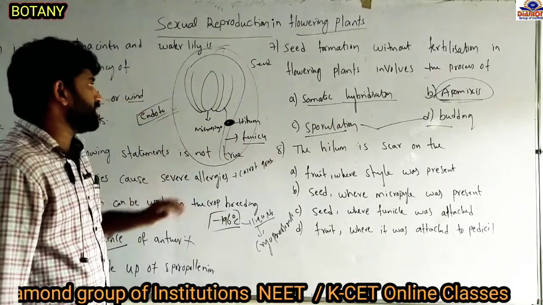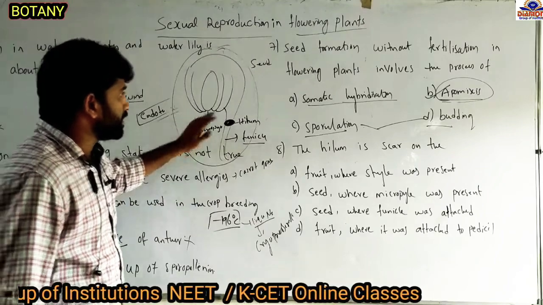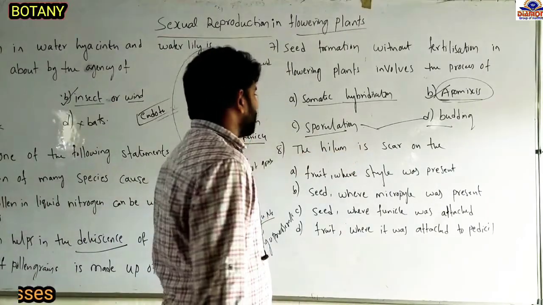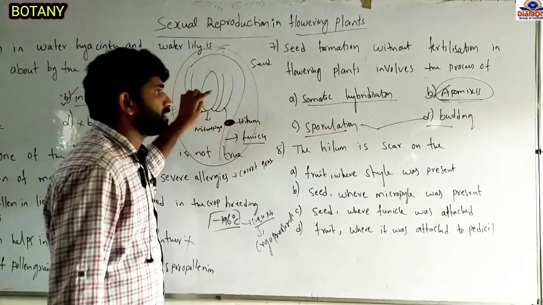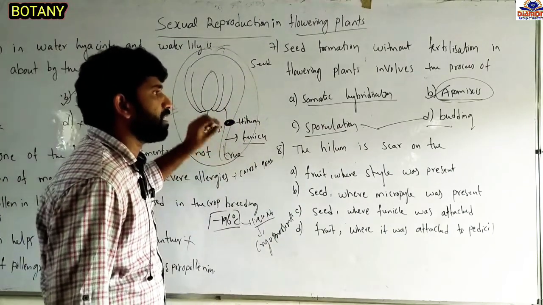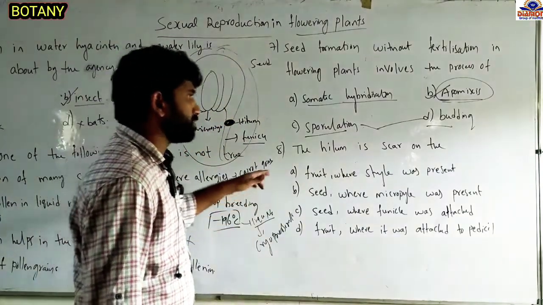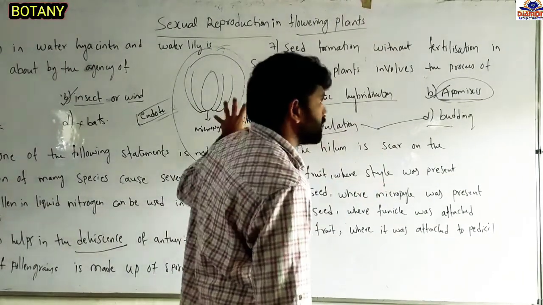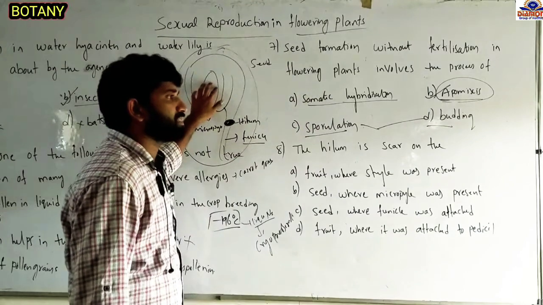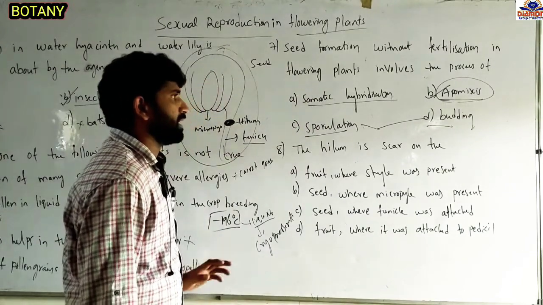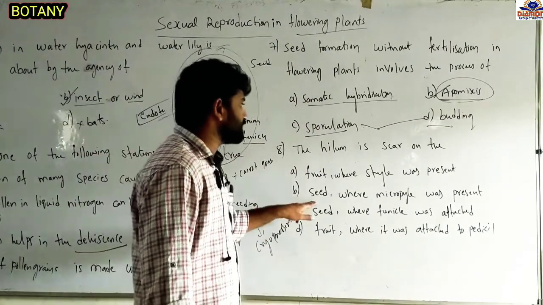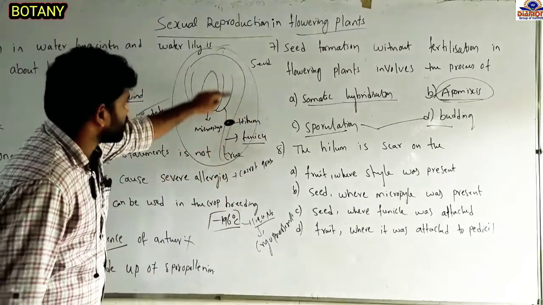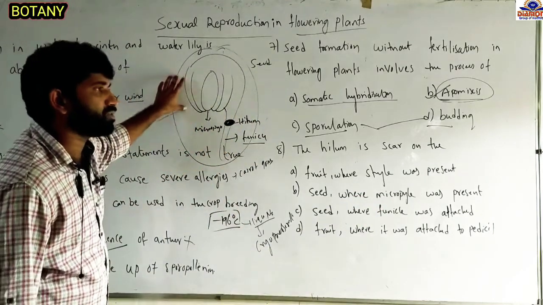So the hilum is a scar, and after the completion of fertilization it forms a small scar. Option A, fruit where style was present: the hilum represents the ovule, so it does not belong to the fruit. Option B, seed where micropyle was present. The hilum belongs to the seed only.